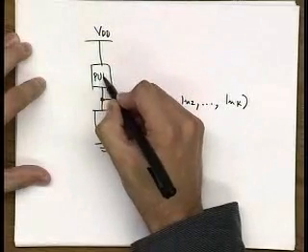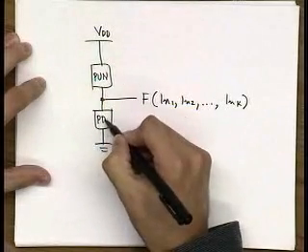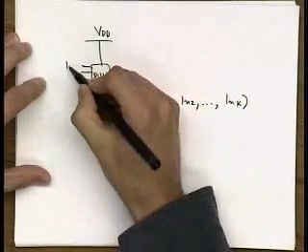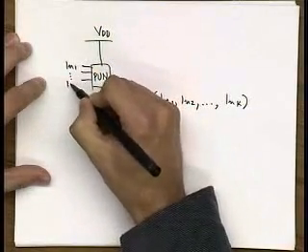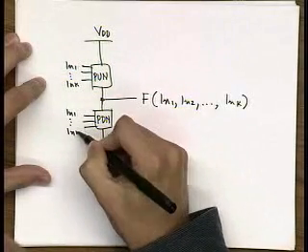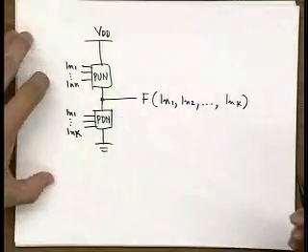So you have a pull-up network, and then we have a pull-down network. And all these inputs are feeding into in 1, in K.